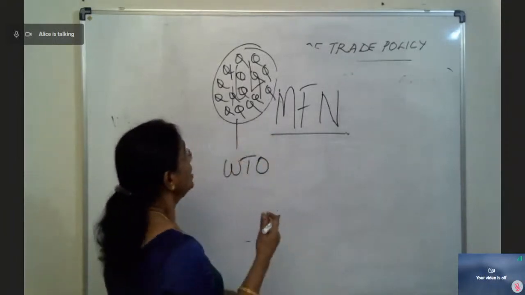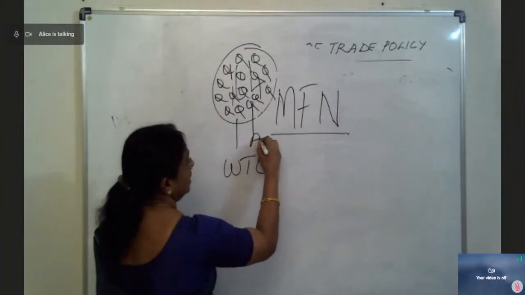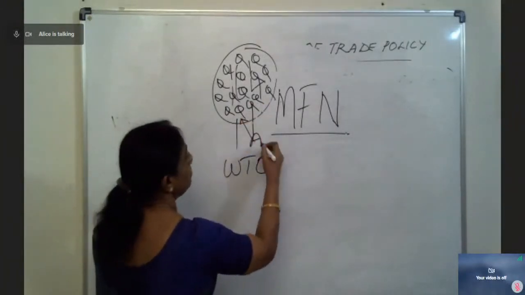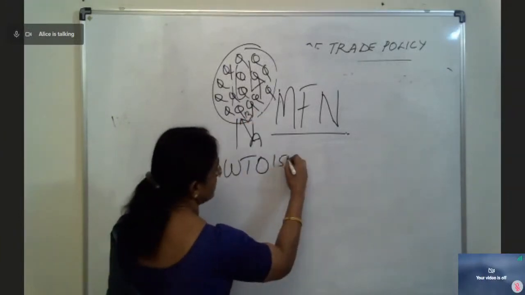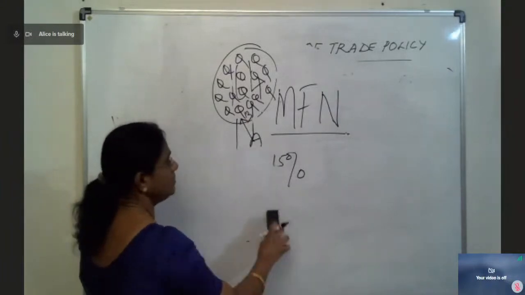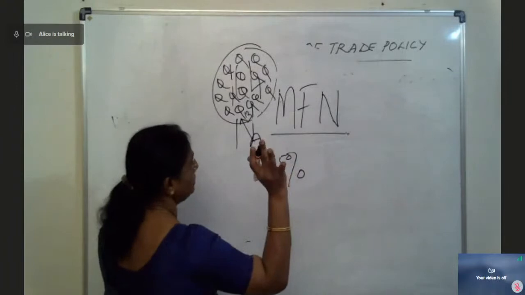Suppose A gives a concession to B: let us import at 15%.